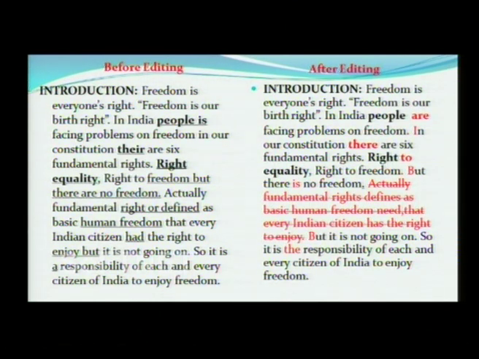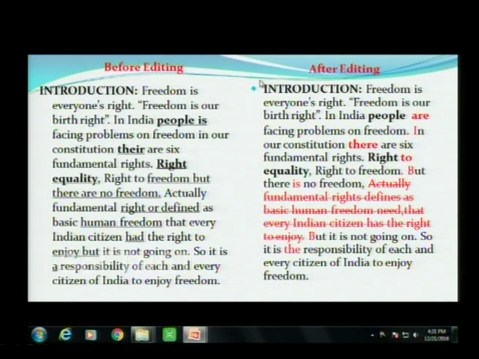And a sentence is struck off there, you could see in the red font, actually fundamental rights defines as basic human freedom need that every Indian citizen has the right to enjoy. So actually this sentence is meaningless and senseless, that's why we have deleted that. And the next sentence starts with but. So there is a capitalization error, but it is not going on. The student wrote a responsibility, but it is corrected as the responsibility of each and every citizen of India to enjoy the freedom.